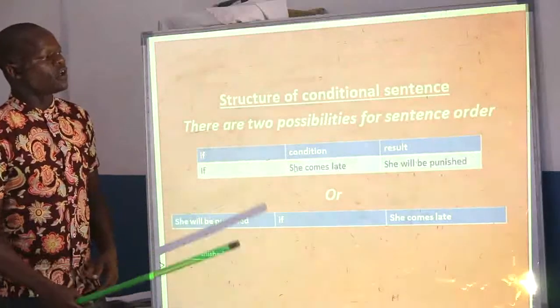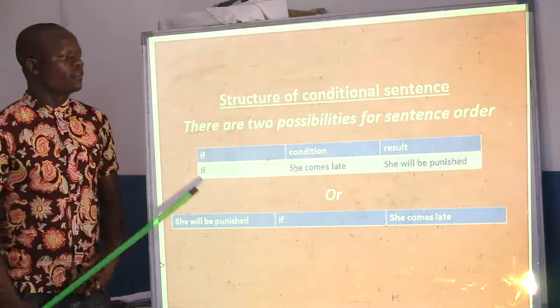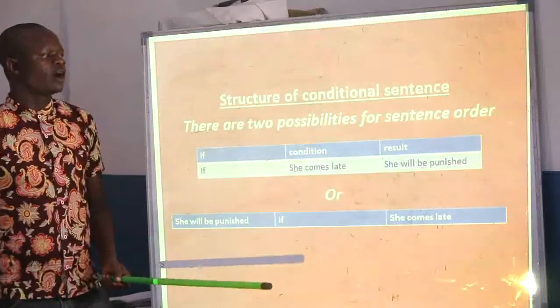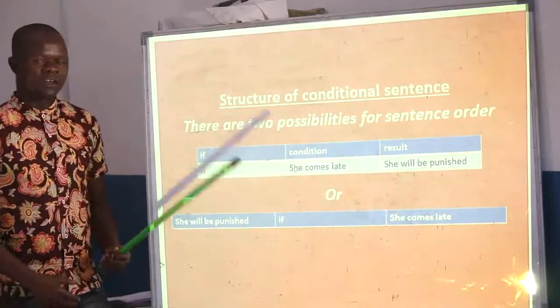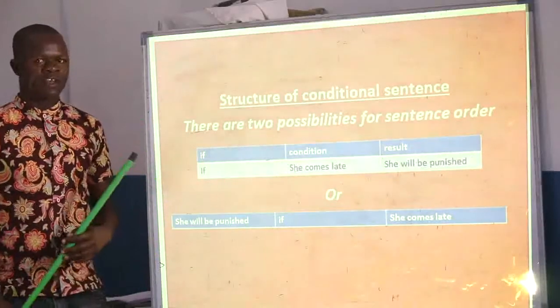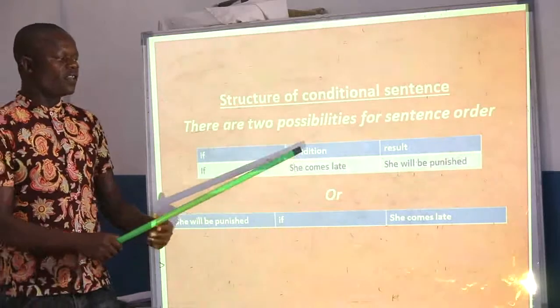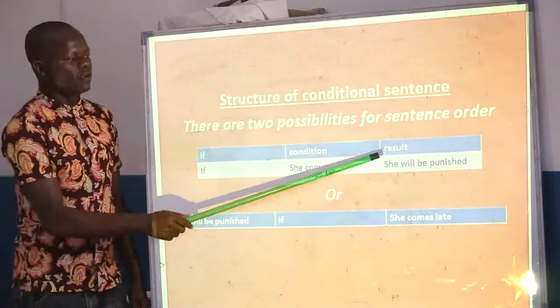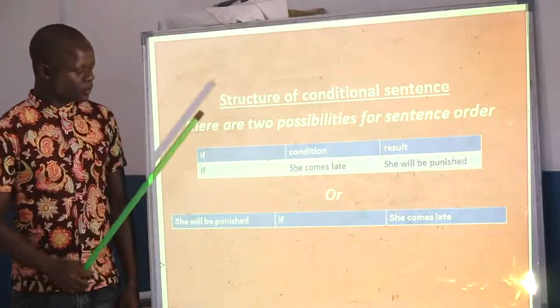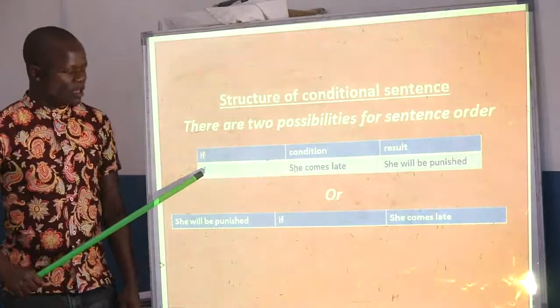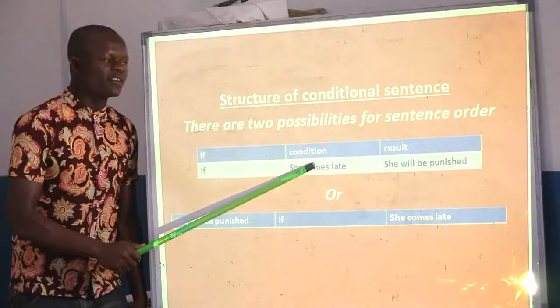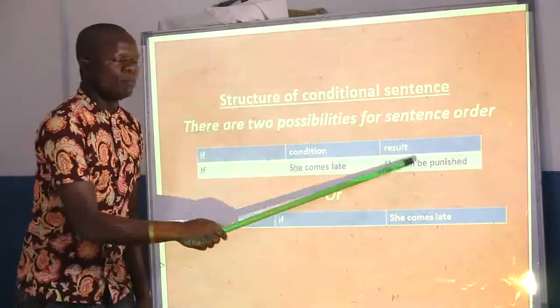This is the structure of a conditional sentence. There are two possibilities for a conditional sentence. That means we mean the order. For example, if you look at our table there, this is if, this is the condition itself, this is the results. For example, if she comes late, she will be punished.